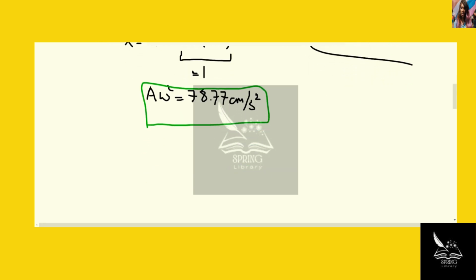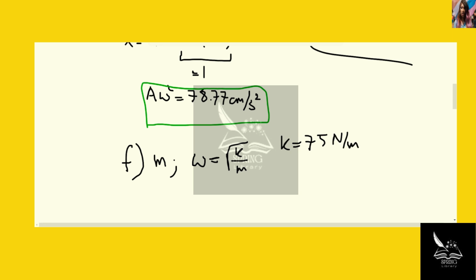Okay. And the last question that we're asked is what the mass is of this object M. And we can actually find it because we know from the beginning that the angular frequency omega was connected to the spring constant k and m like this, square root. And we were given that k equals 75 newtons per meter.